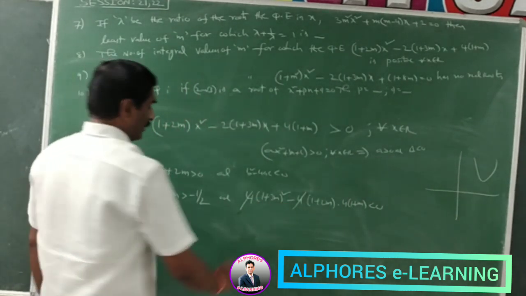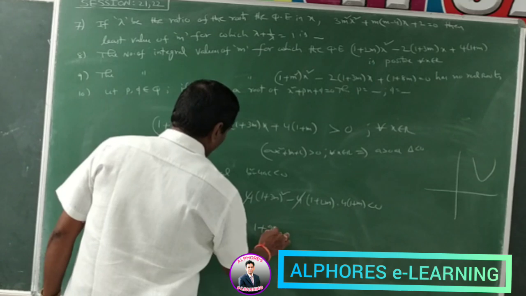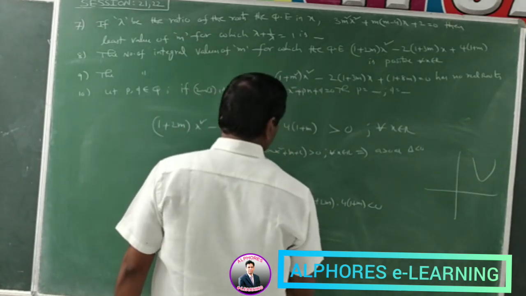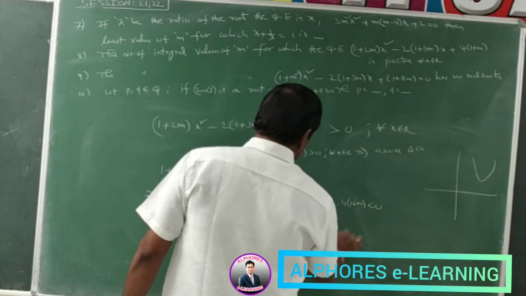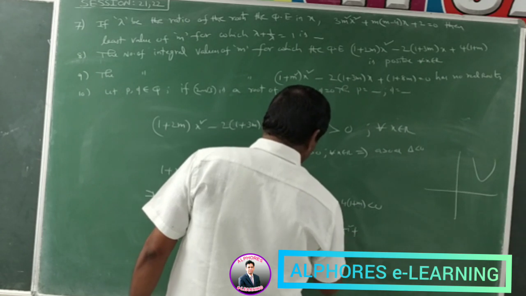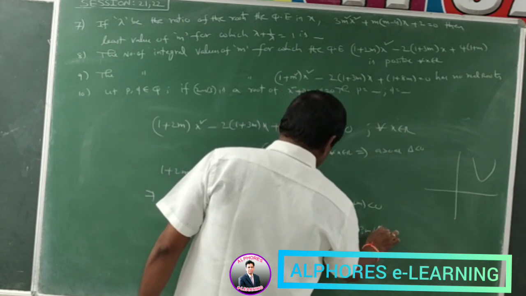After expansion, 1 plus 9m square plus 6m minus 4 into (1 plus m) into (1 plus 2m), that means 2m square plus 3m plus 1, less than 0.